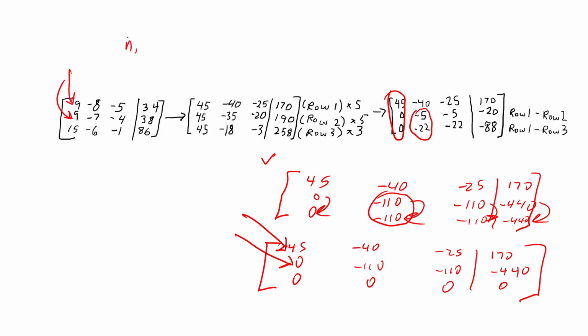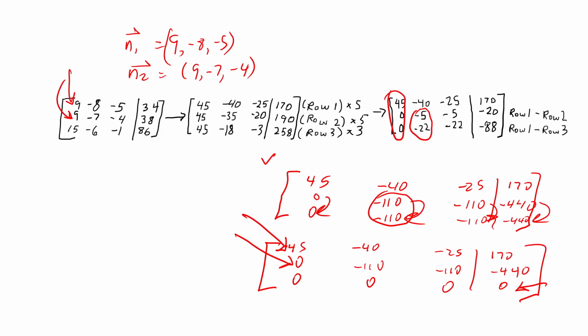The normal of that first plane is 9, negative 8, negative 5, and the normal of the second plane is 9, negative 7, negative 4. We did not have parallel planes, so we don't have to worry about this last row of all zeros possibly meaning that there's an inconsistent system.